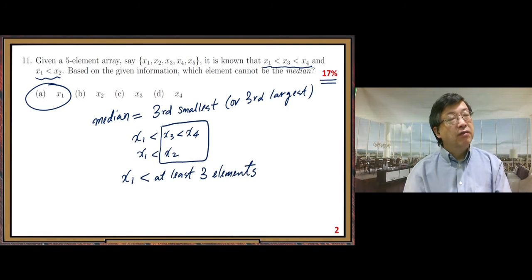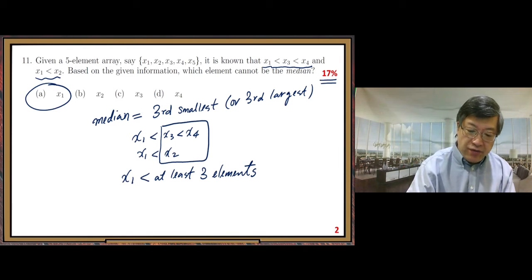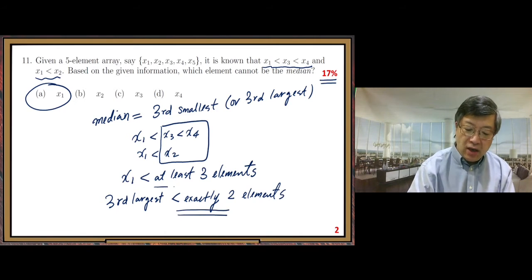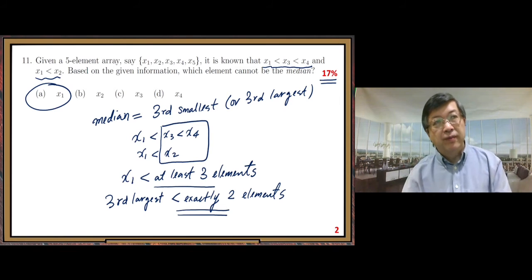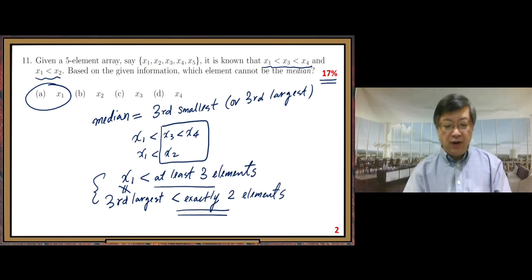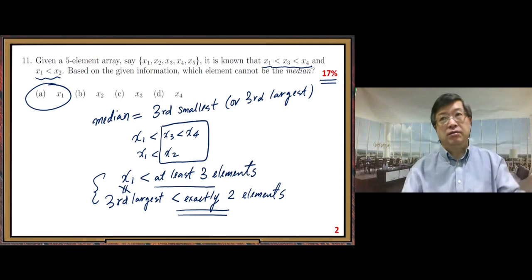Can it be the third largest? The third largest is less than exactly 2 elements, right? Exactly 2 elements. But here, at least 3 elements. Can you see the difference? If you see the difference, x1 cannot be the third largest. Then you get the answer.